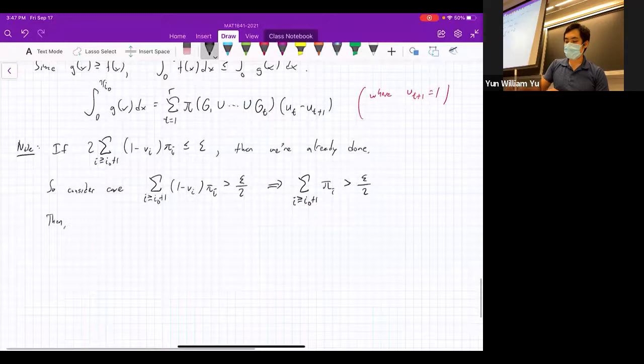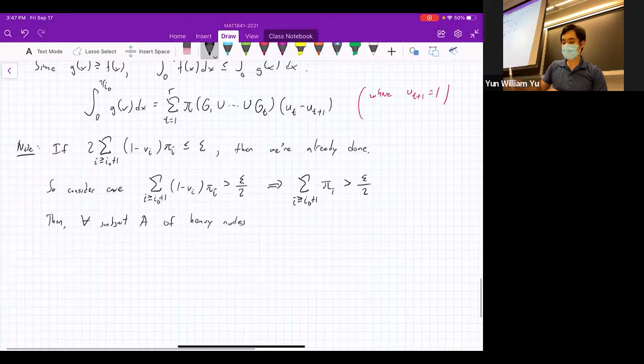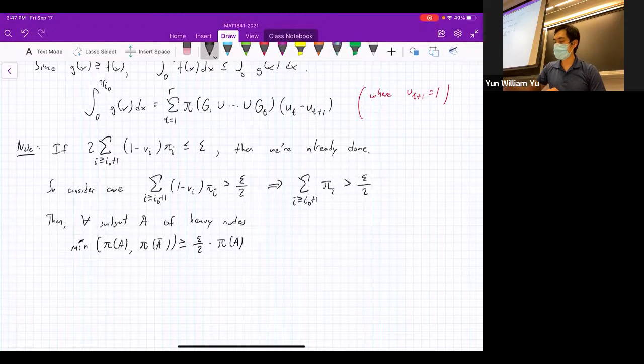For any subset A of heavy nodes, we also know that the minimum of pi(A) and pi(A bar) is greater than or equal to epsilon over 2 times pi(A). Why is this true? This is true because pi(A bar) includes all the light nodes.